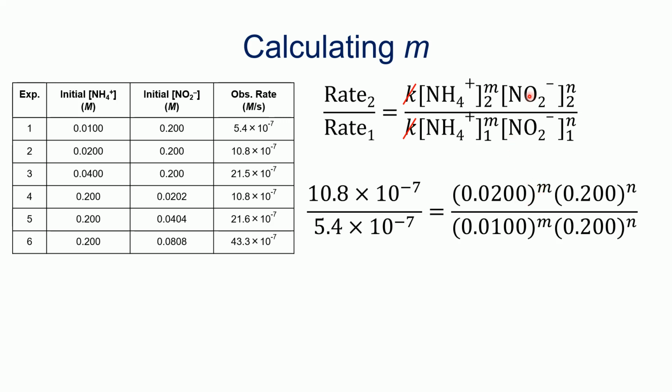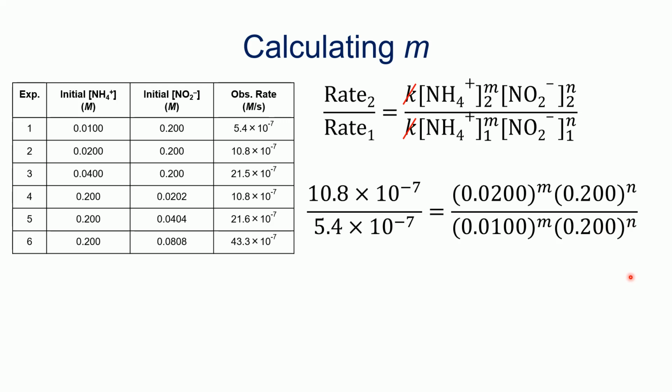And then the nitrite ion in experiment 2 is 0.200 molar, raised to the n power. Ammonium ion in experiment 1 is 0.0100 molar, again to the m power. And then the nitrite in experiment 1 is 0.200, again raised to the n power.